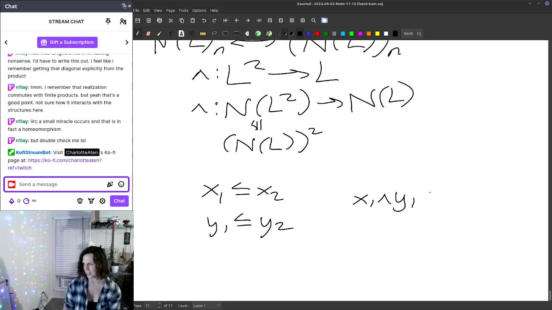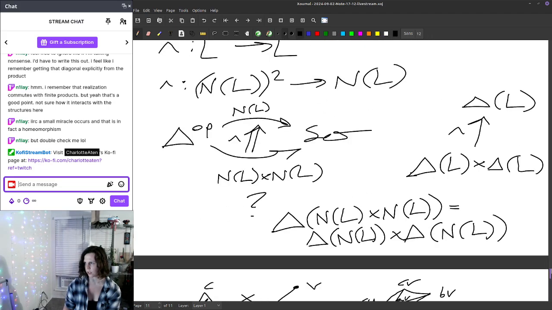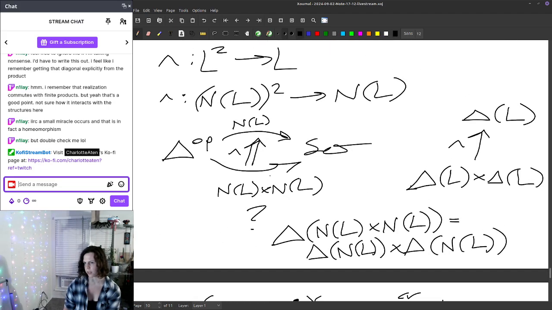It's non-decreasing in each of its components. So this has got to be less than or equal to x2 meet y2, and so that looks like it makes sense. Okay, so there are details to check, but that actually looks like it makes sense.